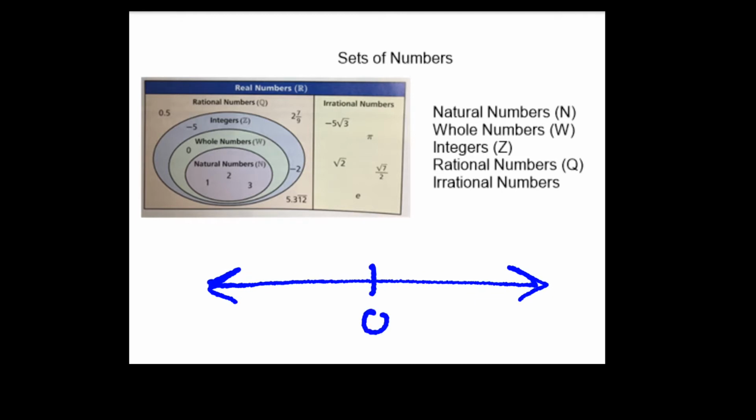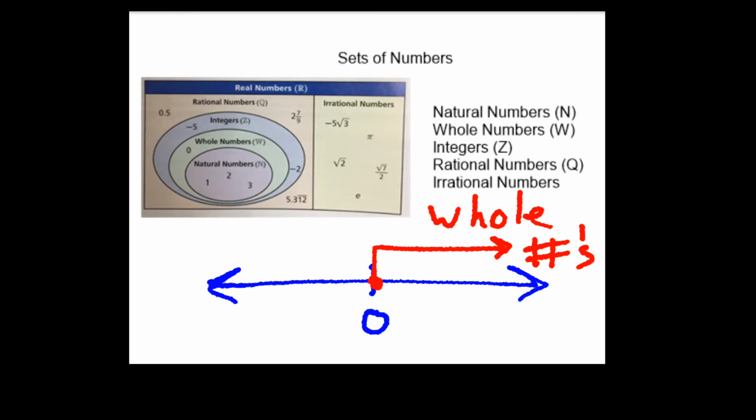If I have 0 right here, and let's put a little dot at 0 and say that I am going this direction, this is the set of whole numbers. Okay, so it is everything that is 0 or bigger, as long as it is a whole number. We aren't dealing with these spaces in between our little dashes yet. We are just dealing with the dashes themselves. So those are whole numbers.